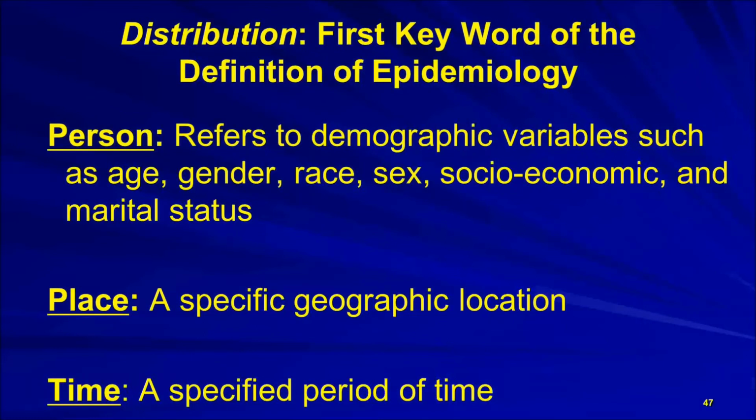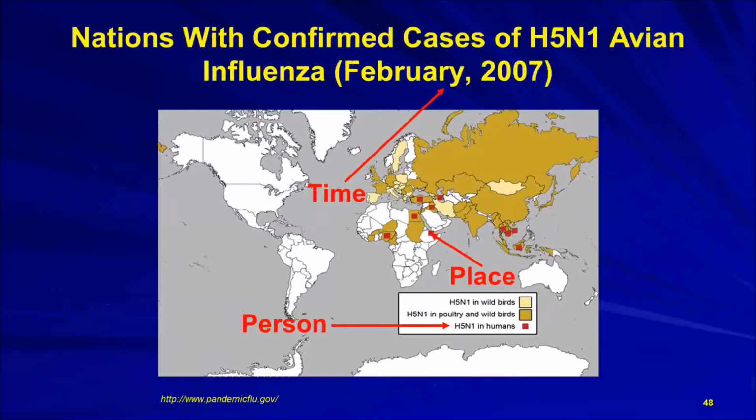I hope what I've done so far is I've taken terms, I've given you an example about heart disease, and I'm beginning to make application, and I'm going to make further application by showing you this next slide. And we're looking at the person, place, and time variables here. So if I was going to give you a map, and we're talking about avian flu or bird flu, however you want to address it, doesn't matter to me about the formality.